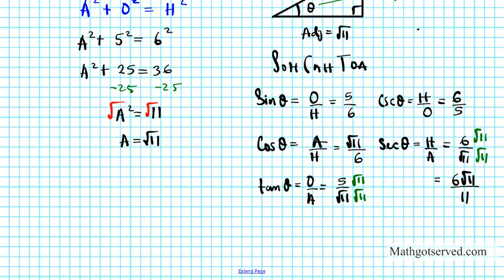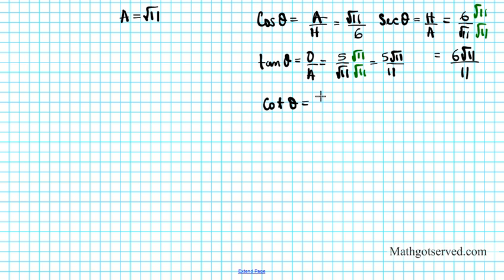This gives me 5 root 11 over 11 for my tan, because root 11 times root 11 is 11, as we discussed. The reciprocal, cotangent theta, is adjacent over opposite. Adjacent over opposite is simply going to be root 11 over 5.